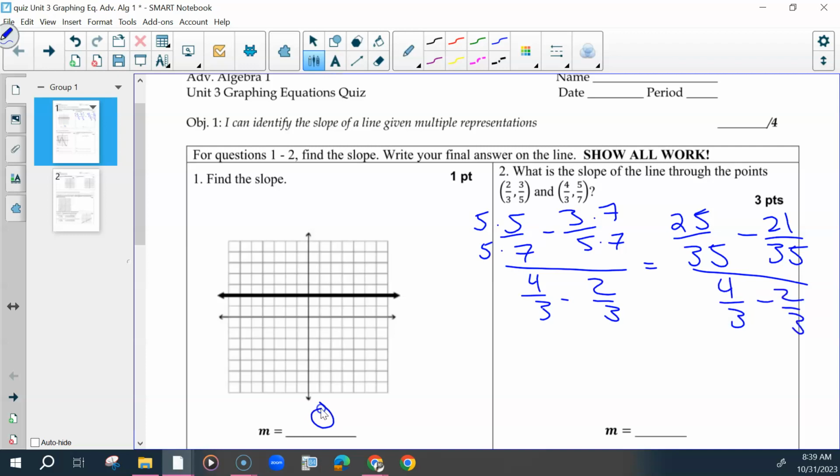And then everything has common denominators, so we should have had 4 35ths all over 2/3. Some of you did this part in the calculator, some of you did it by hand. So that would have been 12 over 70, which simplified to be 6 over 35.